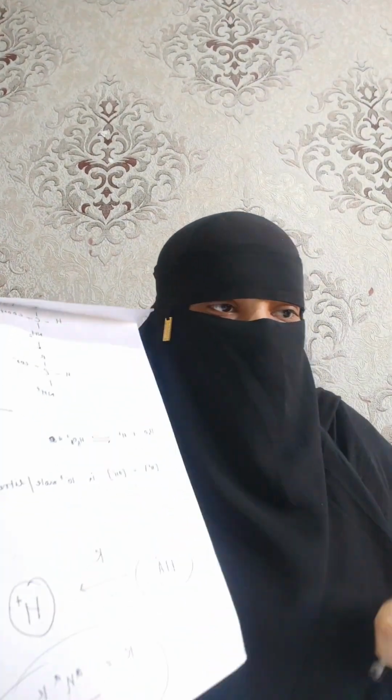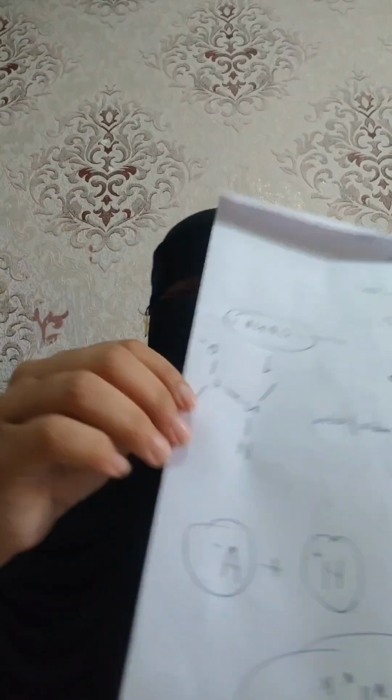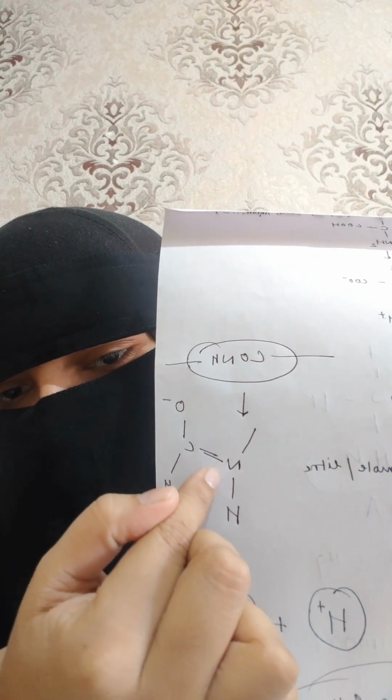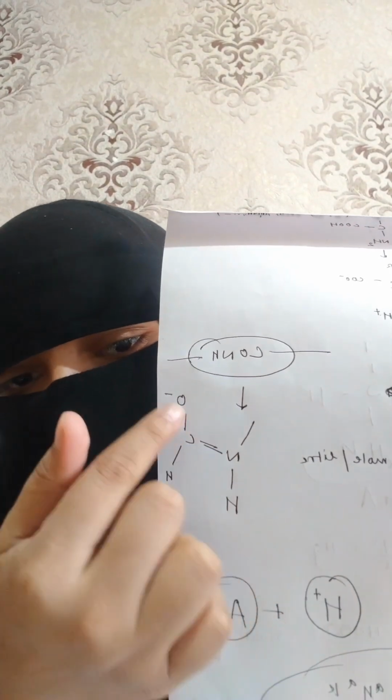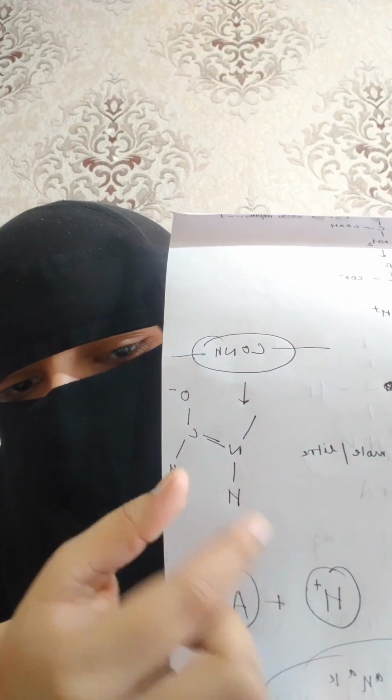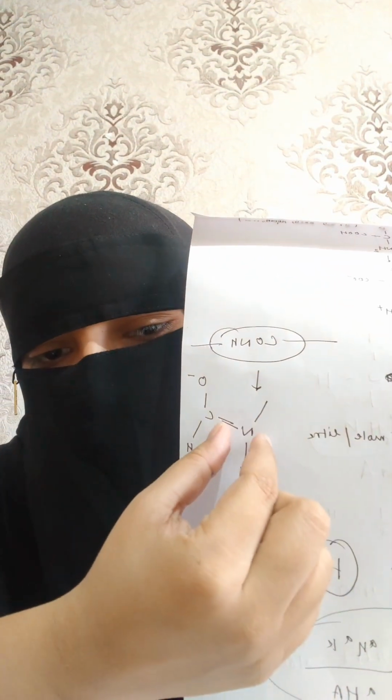The C-N bond is shorter because it has partial double bond character, while the single saturated bonds are longer. So the bond length for these is more, and the bond length for this is less.